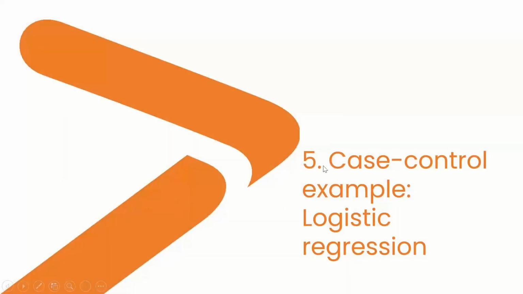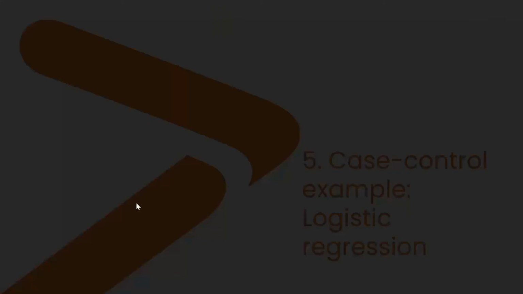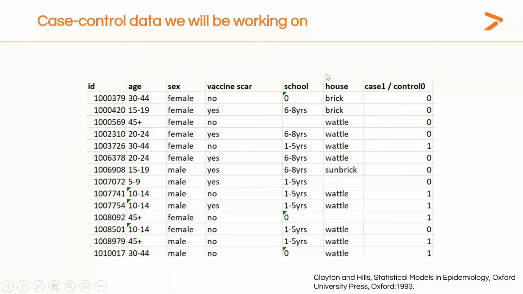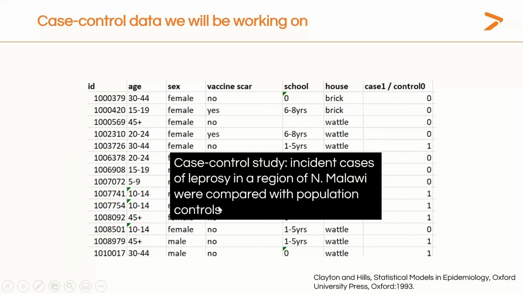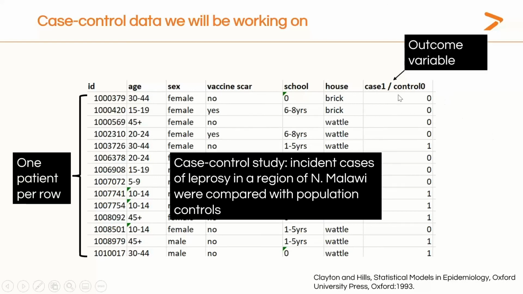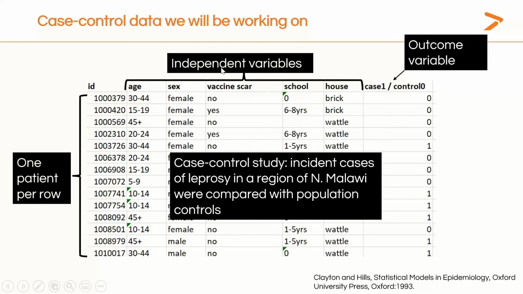I'm going to take a case control example with logistic regression. I'm going to be working on this case control of leprosy, cases of leprosy in the region of northern Malawi, which I told you about a bit earlier. We have one outcome which is qualitative, 0 and 1, and independent variables.